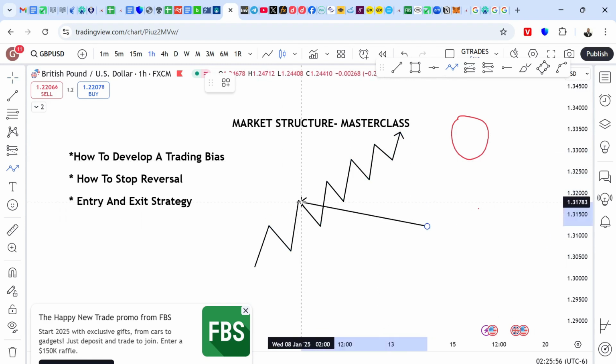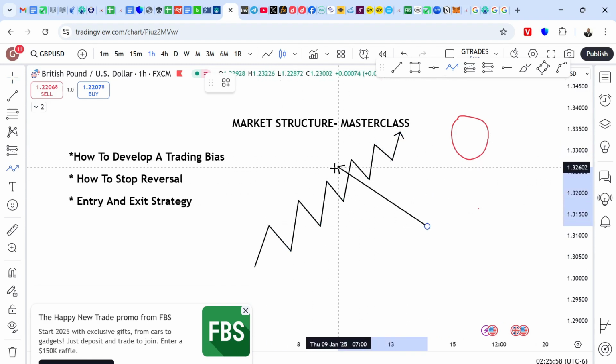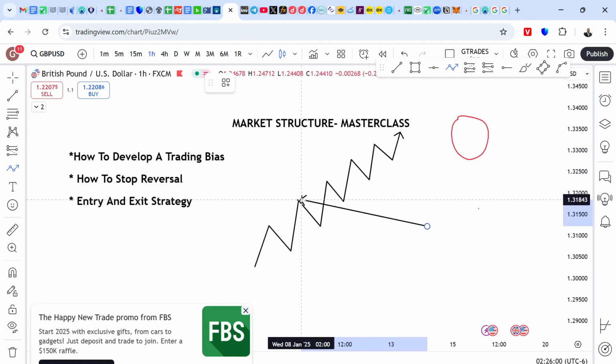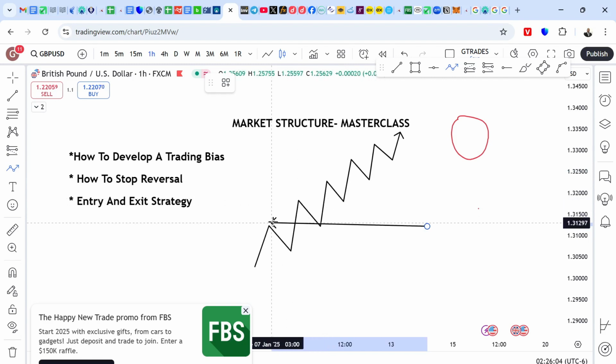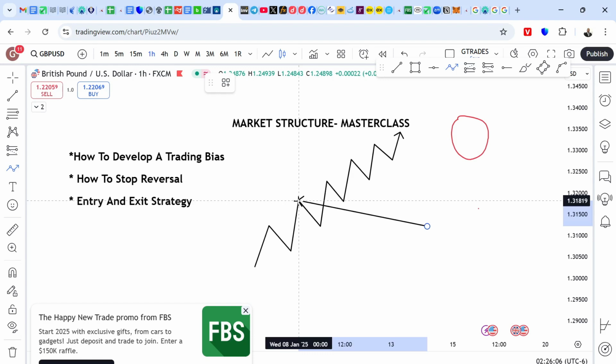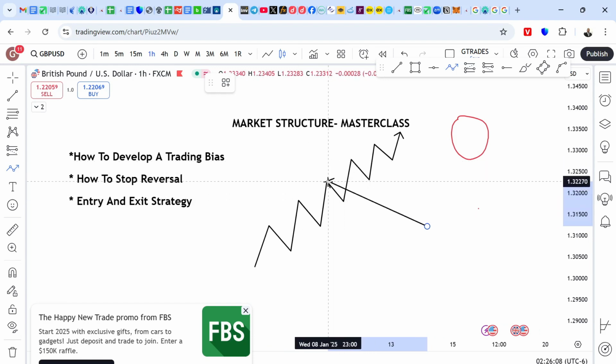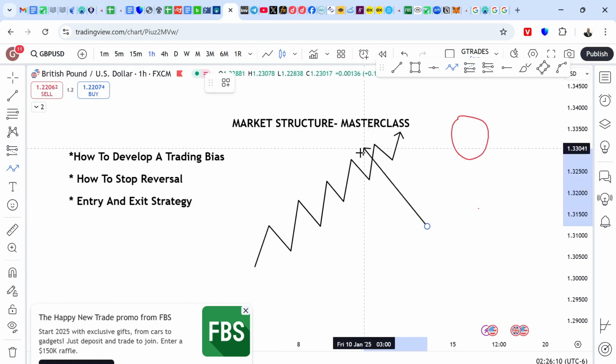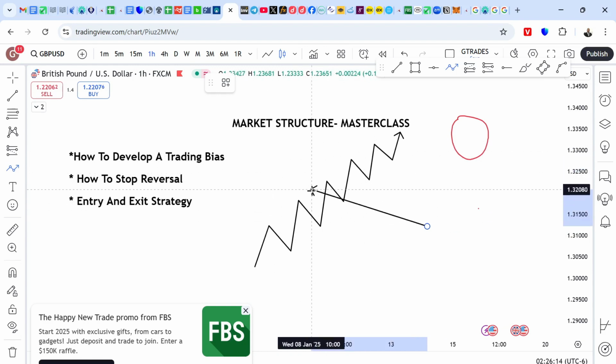These are all highs. But you will notice that this particular one is higher than this one. This other one is higher than this one. This one is higher than this previous one. And this one is also higher than this previous one. So by so doing, you will say we have a higher high.